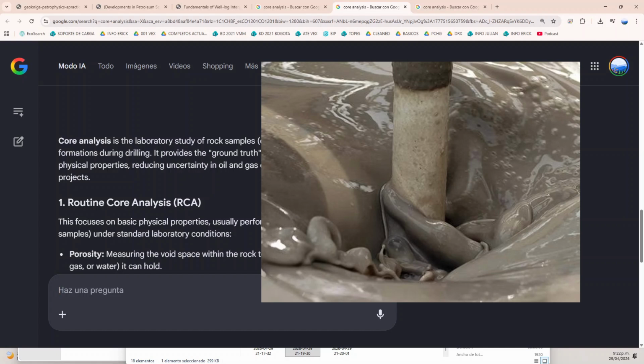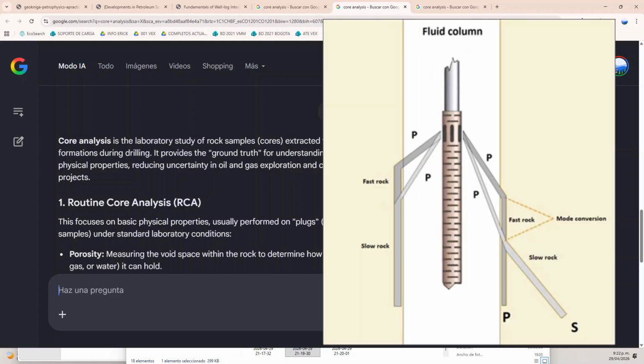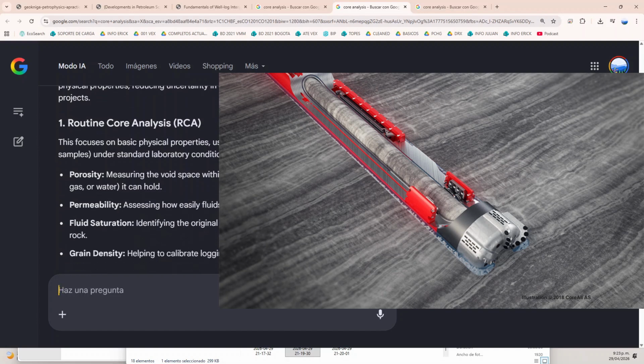We are bombarding this matter with certain grades of radiation, and with sonic tools we send an acoustic signal and hear back the echo. These things can be affected by the medium, right? But if you have a physical core that you can test in a lab, of course it's going to be ground truth.